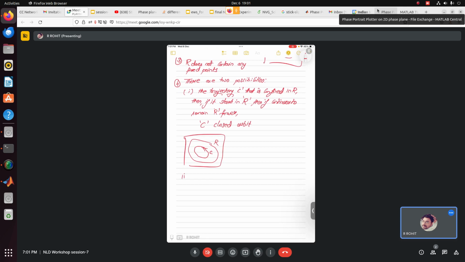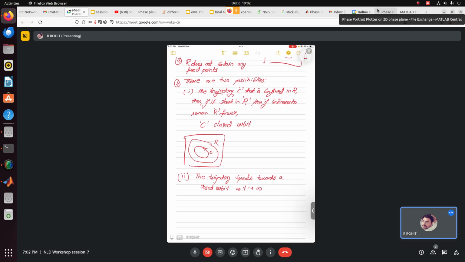Or the trajectory spirals towards a closed orbit as t tends to infinity.